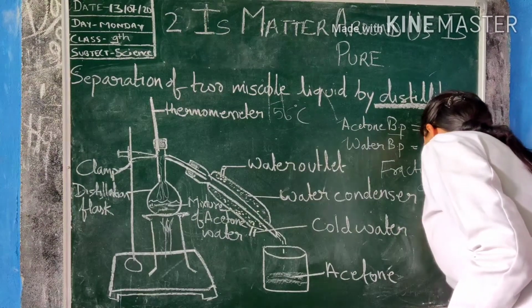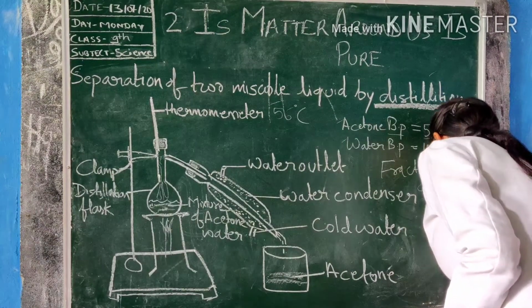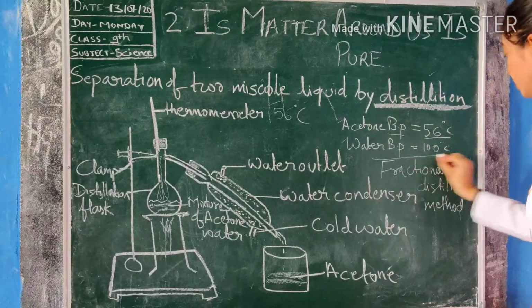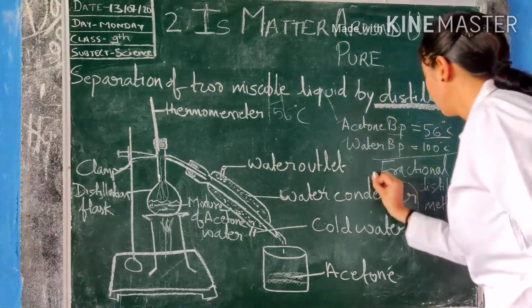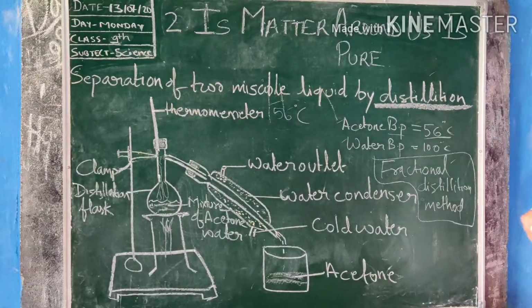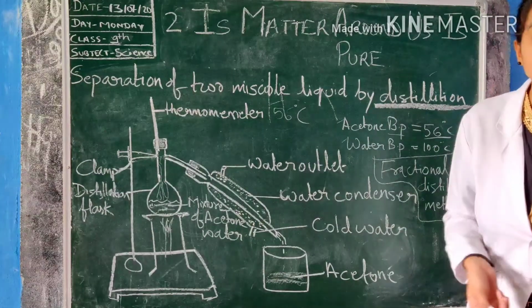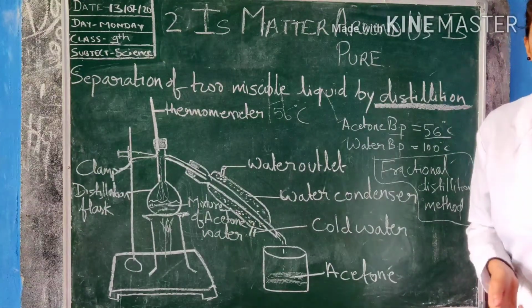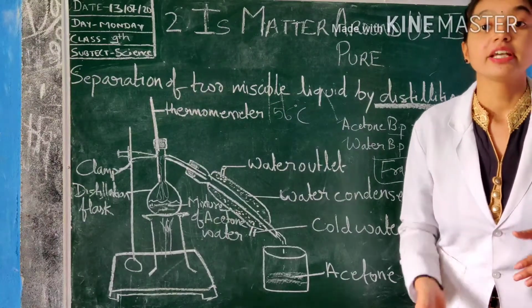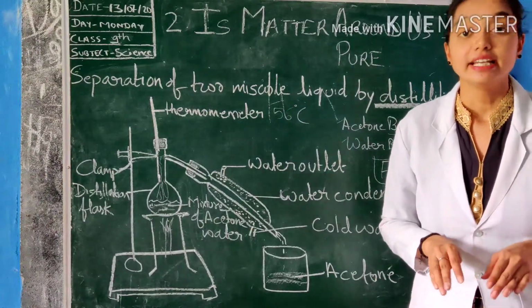This is a kind of distillation method, but in the fractional distillation method we can separate those miscible liquids whose boiling point difference is less than 25 degrees Celsius.